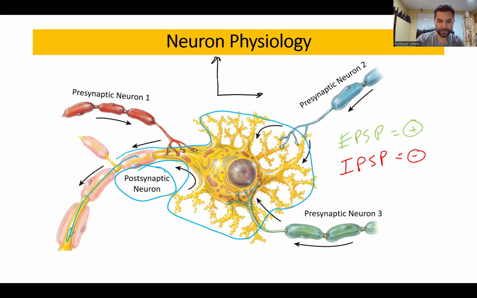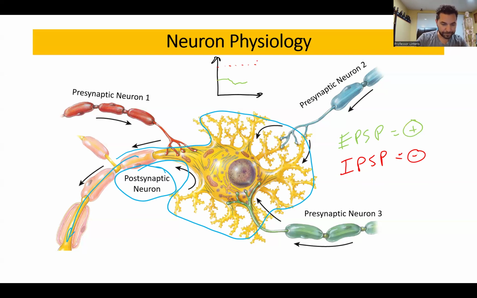So what we have is basically a battle going on, if we recall, threshold, right? Negative 55 millivolts. A battle of consistent fluctuations of positives and negatives. And the question is, does it reach threshold or does it not? These neurons all talking to this guy are sending positive and negative messages via chemicals.